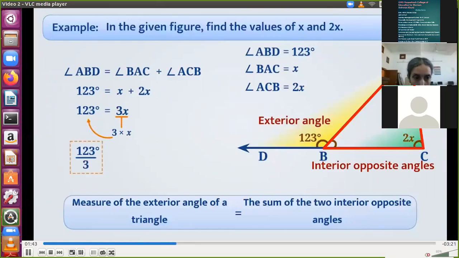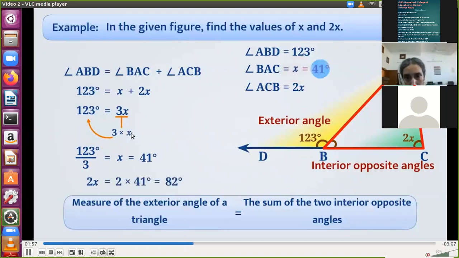So the value of x is 41 degree. And angle ACB comes out to be 2x, which is 82 degrees. So in this way, we have found the two interior opposite angles by finding the value of x. In this way, we can solve any question on the basis of this exterior angle property of the triangle.